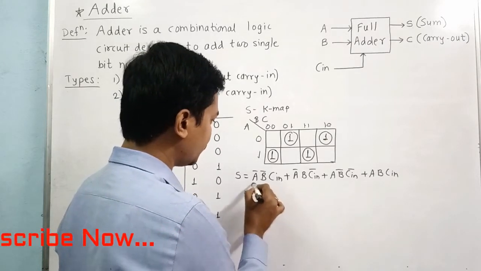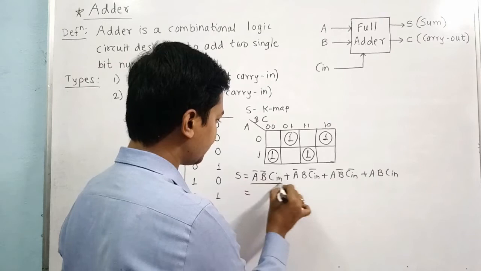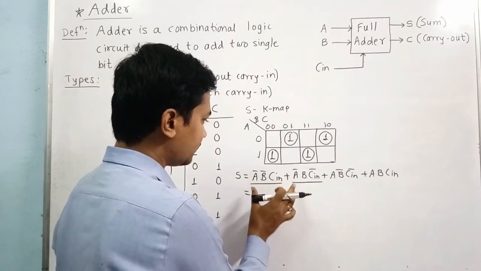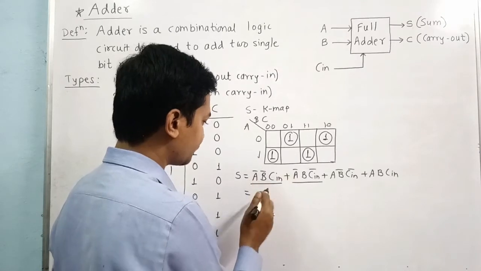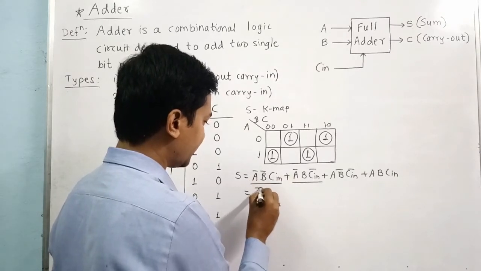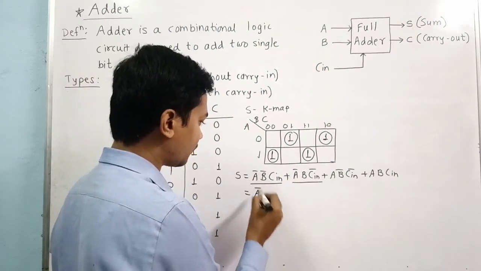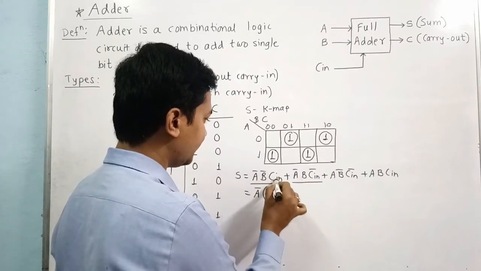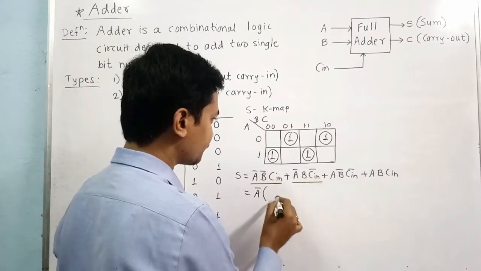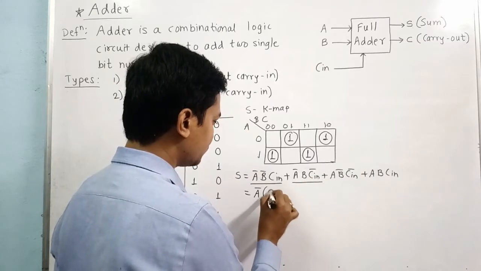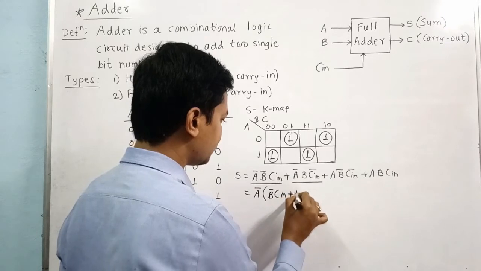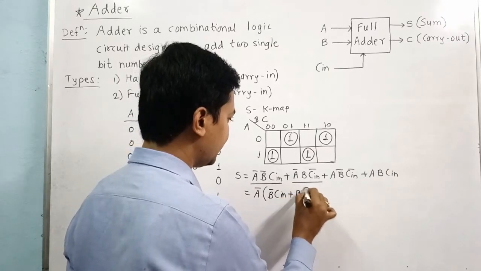So from these two terms, we will get a common a bar. A bar will be taken outside as a common term, and what remains inside the bracket is b bar c in plus b c in bar.